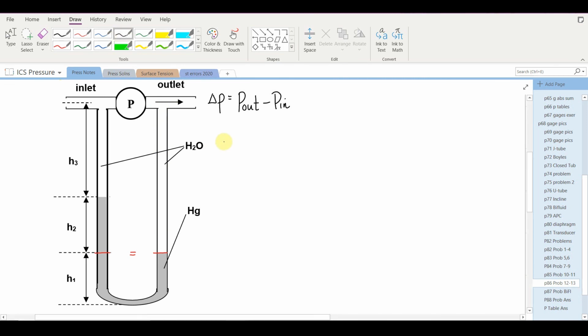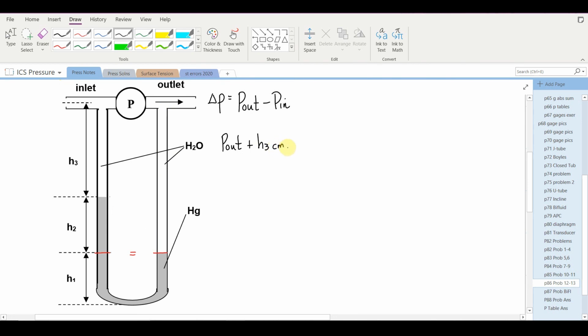I'll say P out plus this height of water. What height is that? Well, it's H3. What are the units? We're just not told, so we'll just make one up.